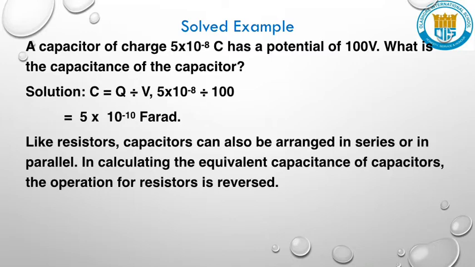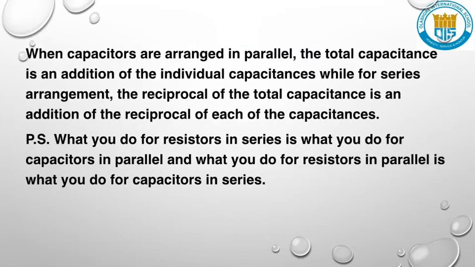Now, what do you do to find the total capacitance of the capacitors that have been connected in one way or the other in a circuit? What you do is simply add them, but in a slightly different way. Let us look at that shortly.